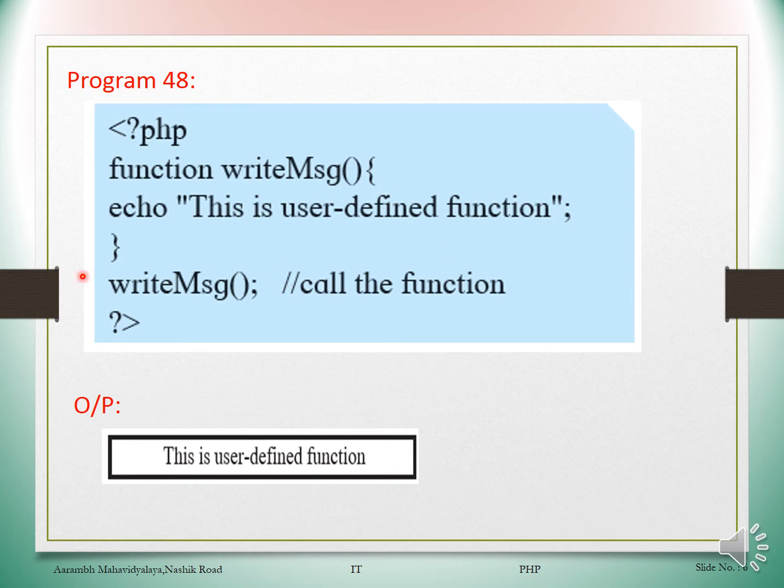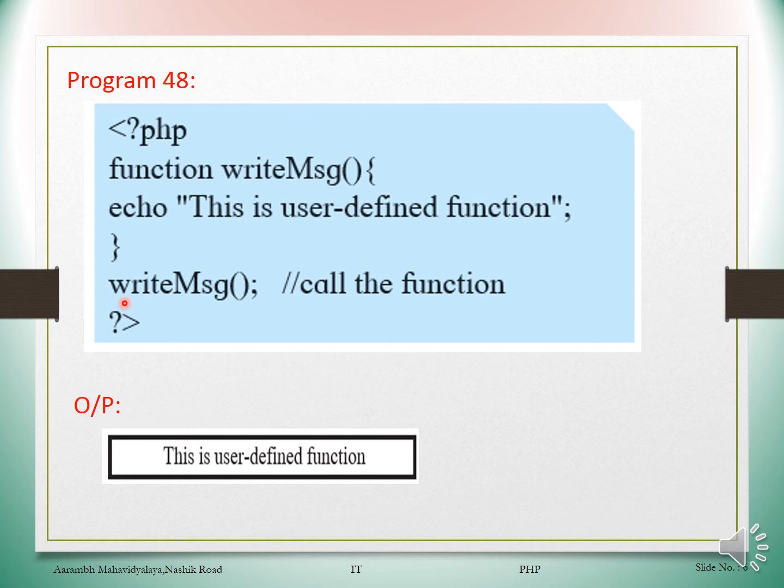Then in the next line we display a specific message, therefore we have used the echo statement. Echo, then in double quotes, this is user defined function. Due to the double quotes and echo, this data will get displayed as it is as output. Then we ended the curly bracket to close the function.